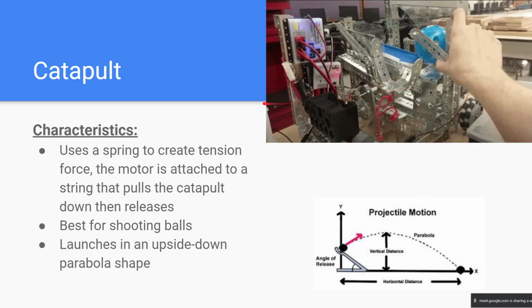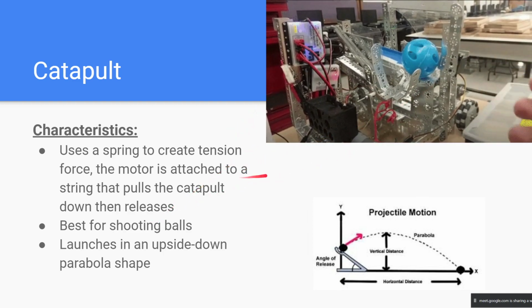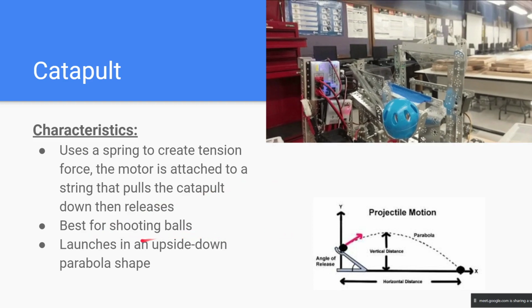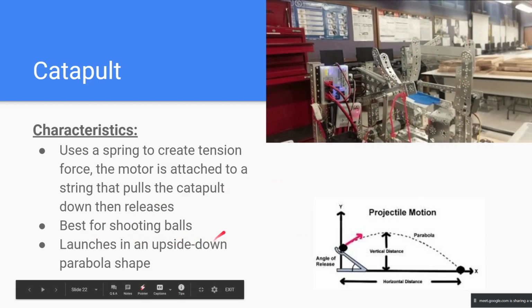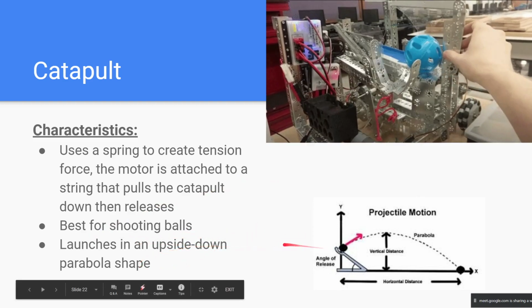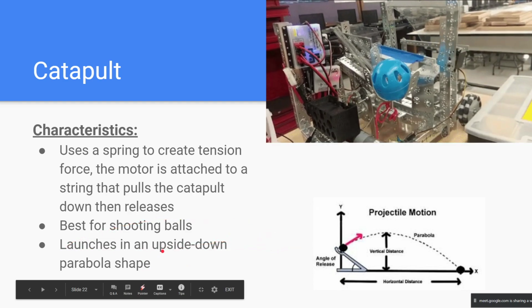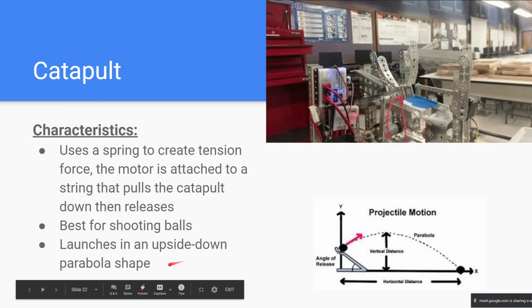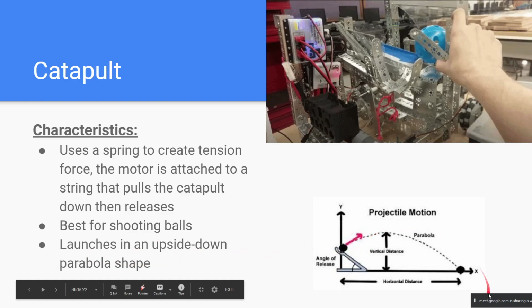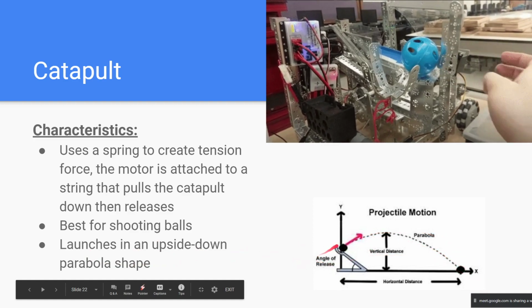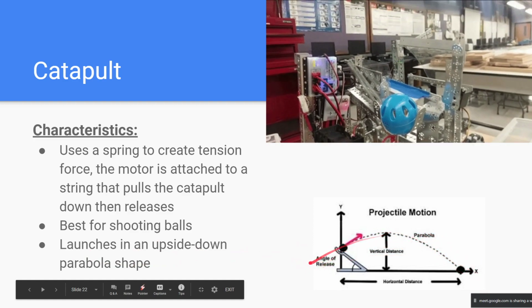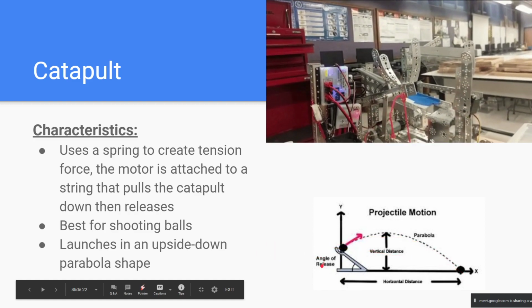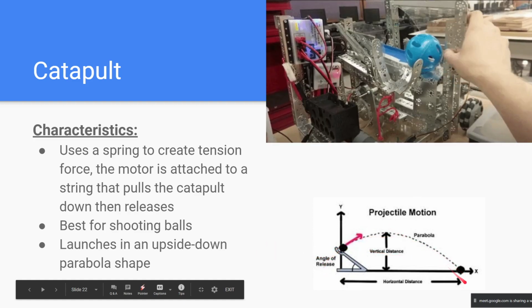Okay, yeah, so the difference I wanted to show you guys was that the way the catapult shoots things is kind of like a parabola. Any of you in Algebra 2 know what a parabola is, but basically this picture shows it. It's like a curve, an upside down parabola. So it curves, it goes up, and then it goes down.